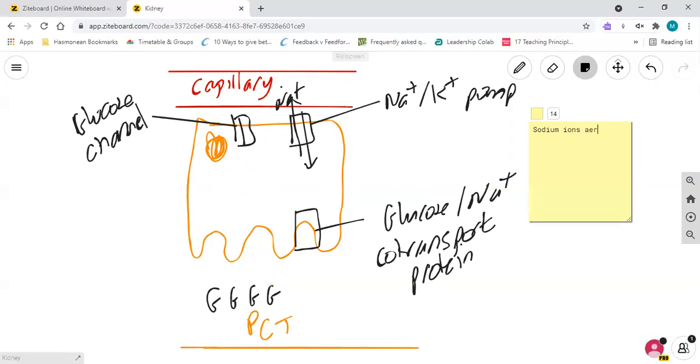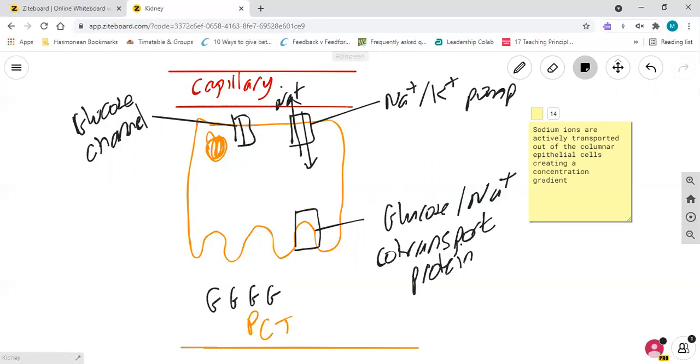That is going to create a concentration gradient that's going to allow sodium to want to come in. So that's stage number one.